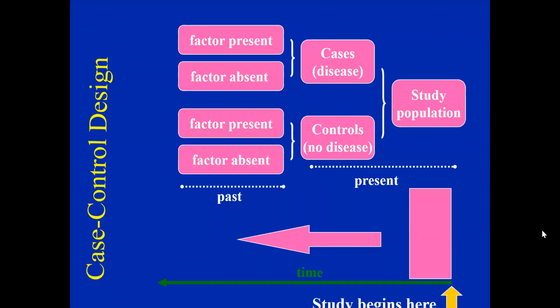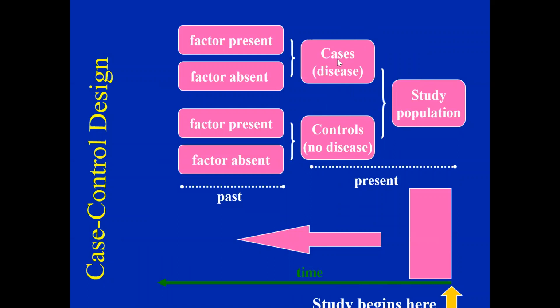If you put more into that diagram, we have our study beginning here. These are our study population. How do we select our study participants? Based on disease or on outcome. So we have those with the disease and those without disease.